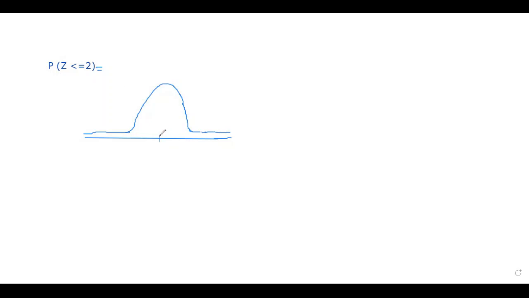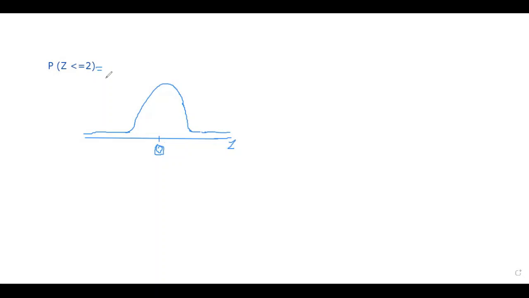For the Z distribution, or the standard normal distribution, the mean is 0 for all of them. And if they are saying Z is less than or equal to 2, where are you going to place our 2? Where are you going to draw our 2?